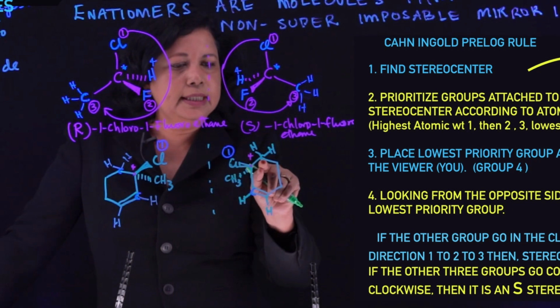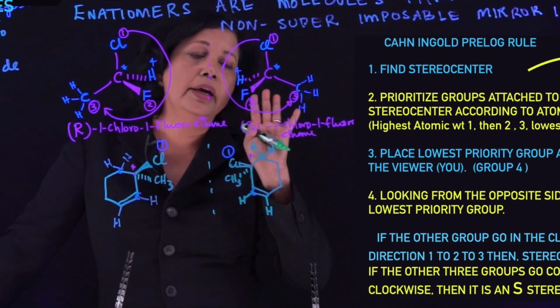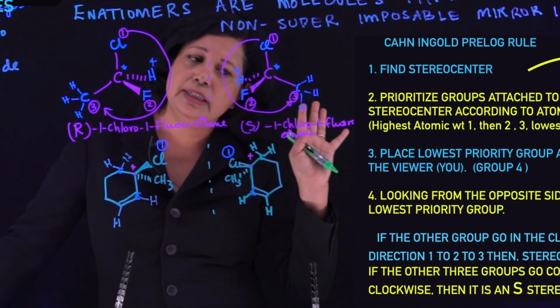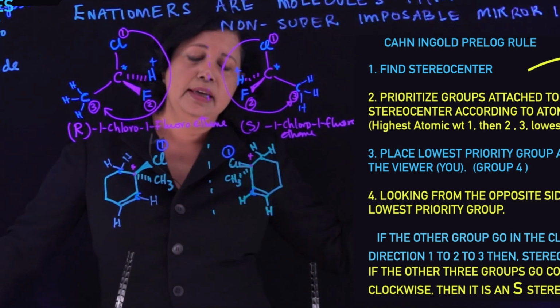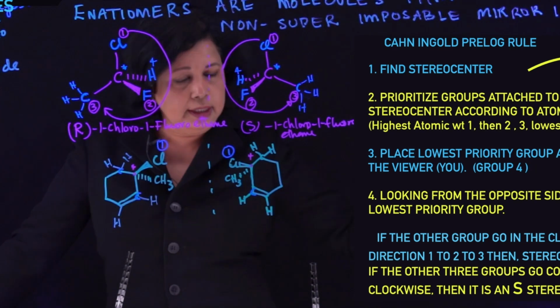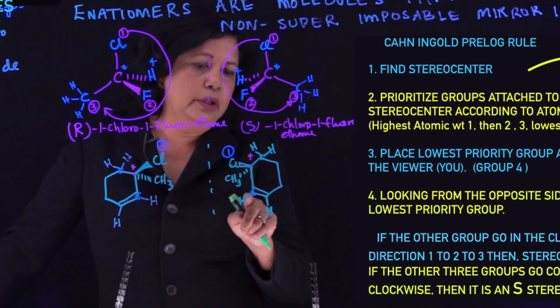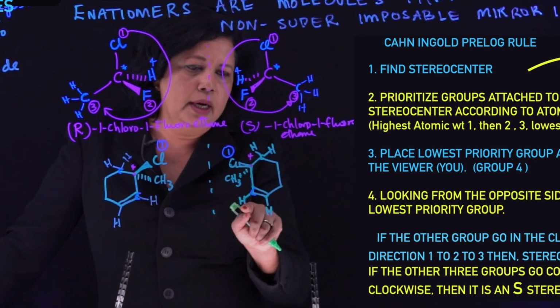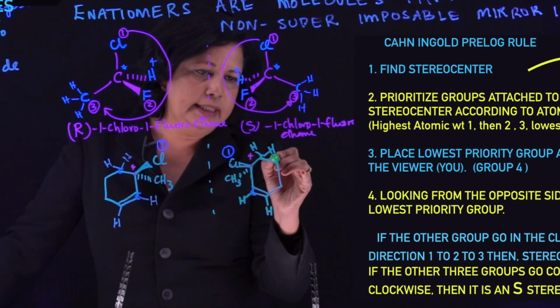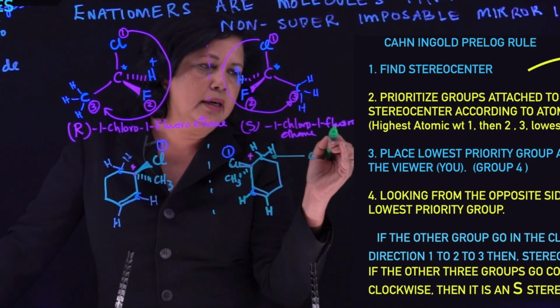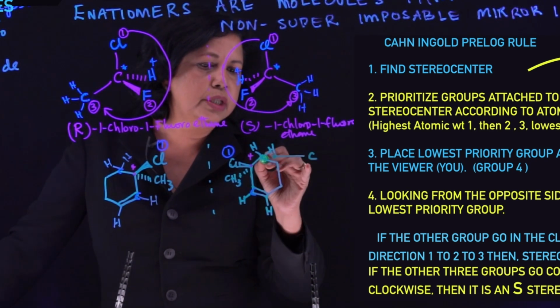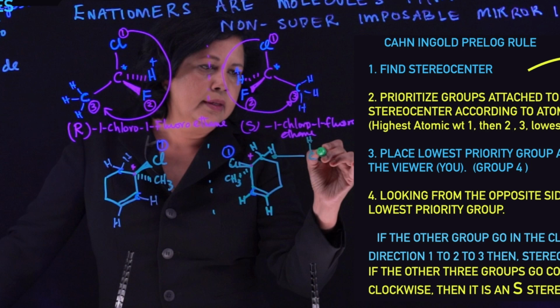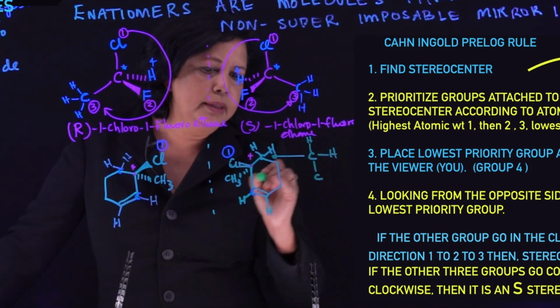Well, what about this? This guy's got 2 hydrogens. The more hydrogens you have, the more you associate with these lowly hydrogens, the lower on this priority list you will be. So your associates are very important here. You got 2 hydrogens, you got 1 hydrogen. If you take this carbon here, it's connected to 2 hydrogens and a carbon.